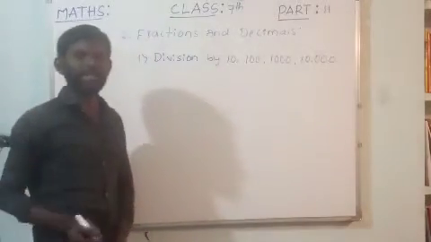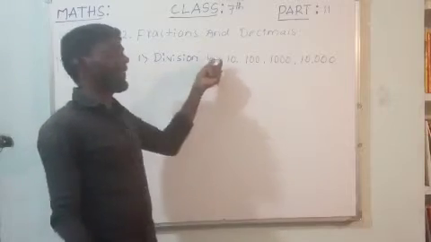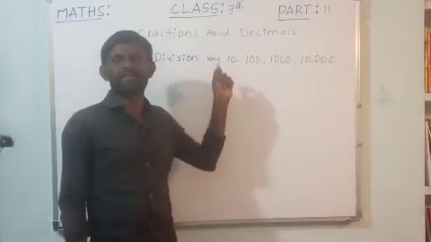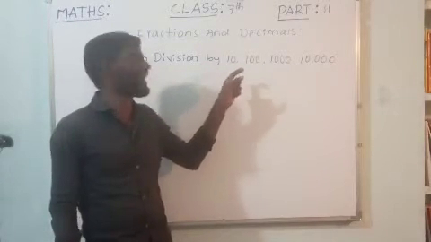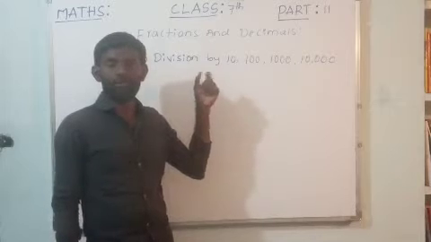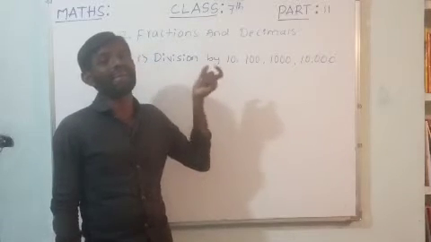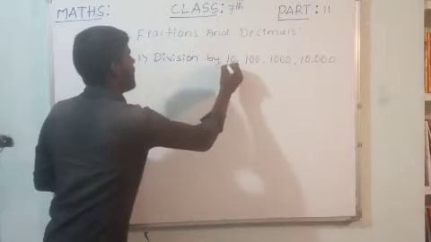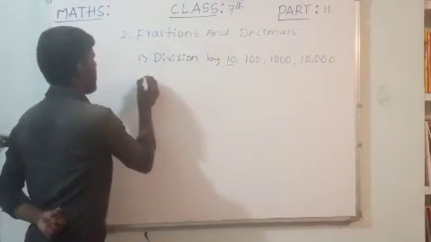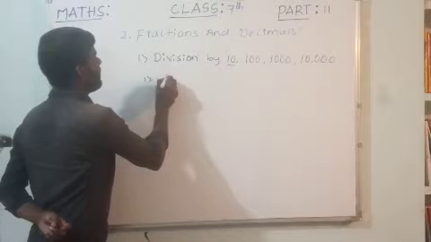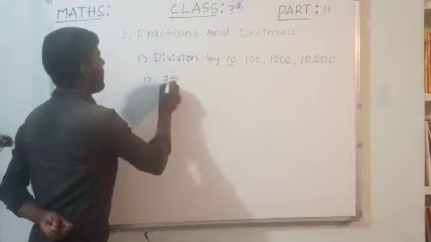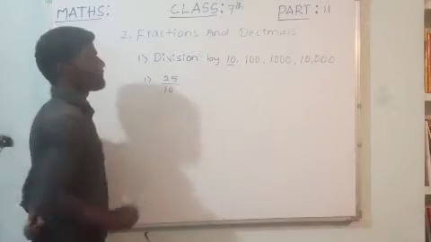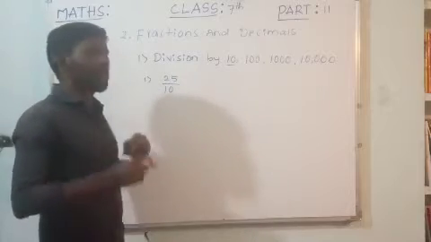Yes, by taking any number with a divisor of 10, that is a denominator of 10, what will happen? Let us see, dear children. First I will take 10. Suppose example 1, 25 by 10.